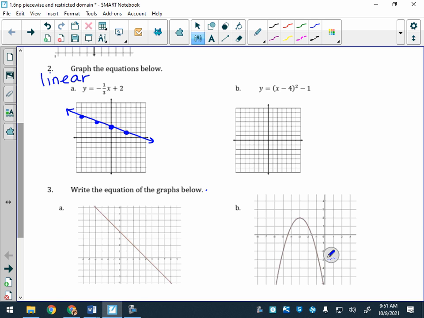B. What kind of function is this? Catherine? It's a quadratic. And what do we know about a quadratic? Yep. How do I start graphing this? What do I know? Which is? Nope, you're right. Stick with that.